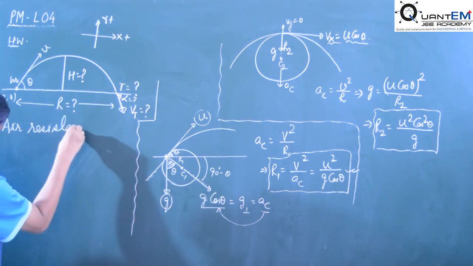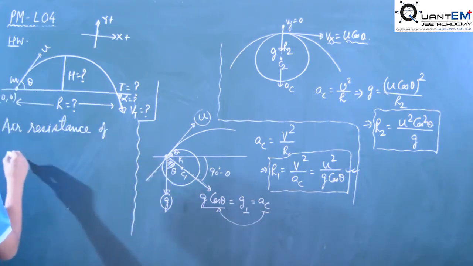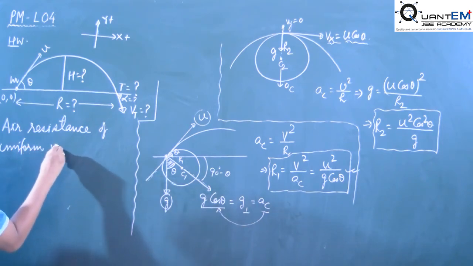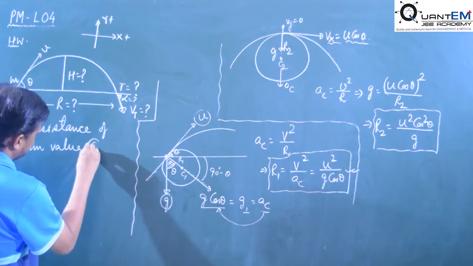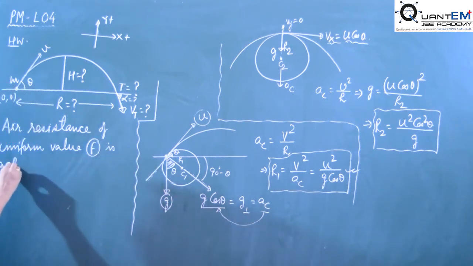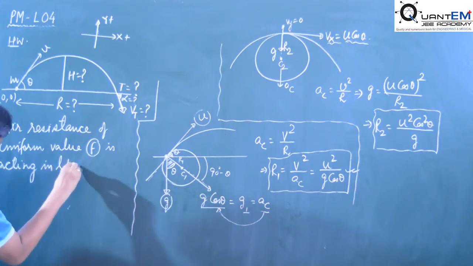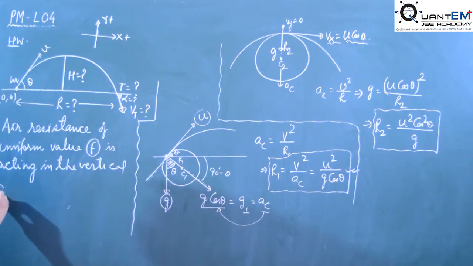These results you have to get, and here air resistance of uniform value F is acting in the vertical direction.